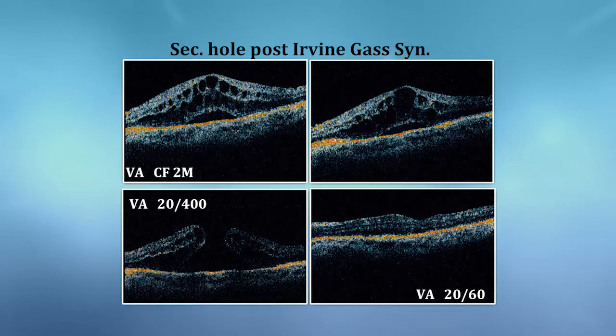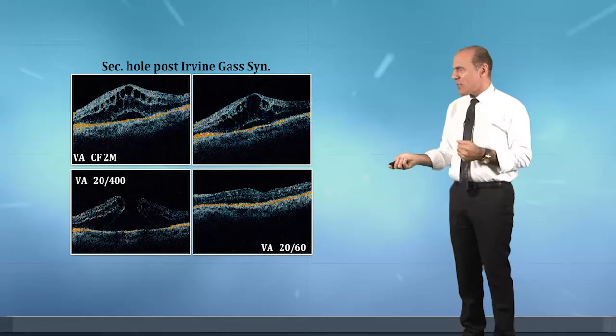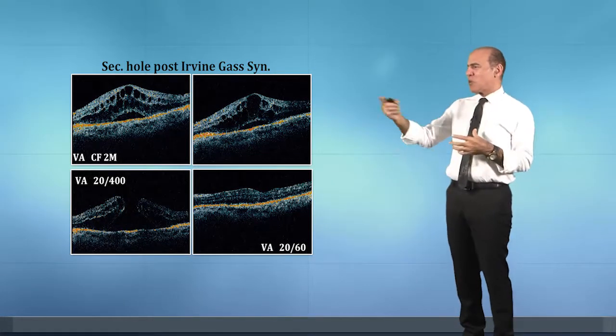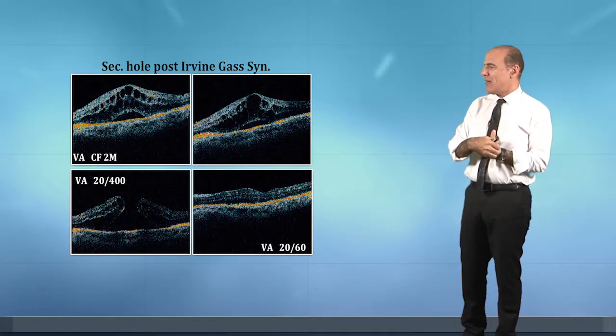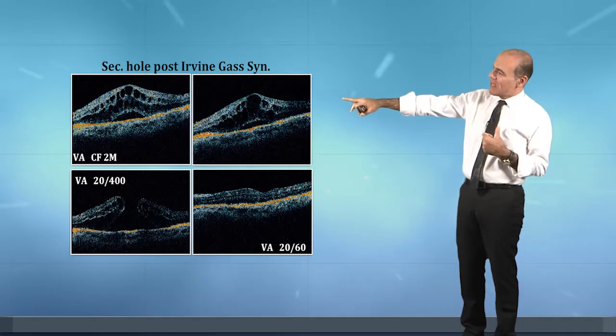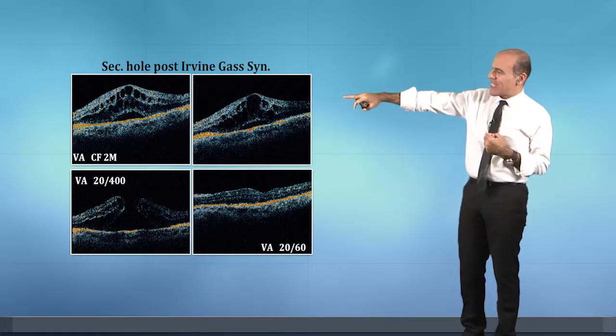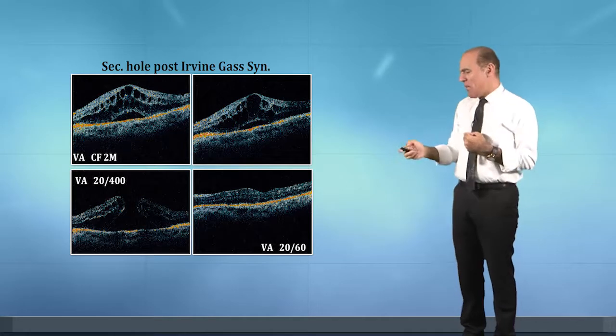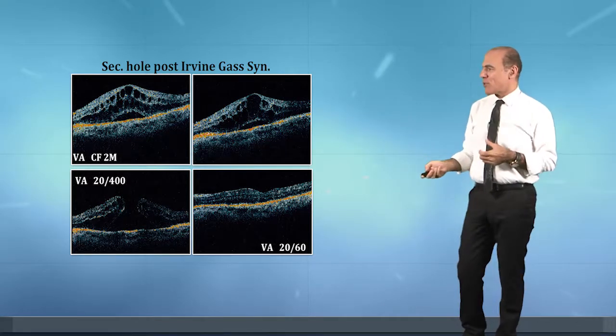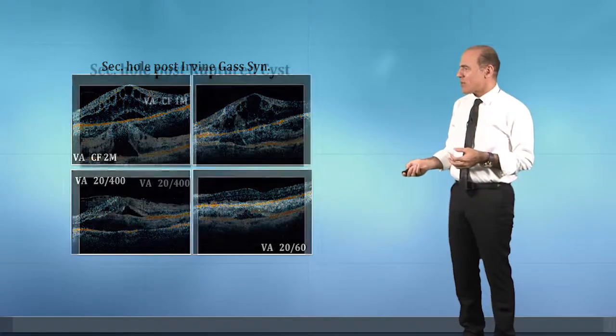So proper treatment of that hole with peeling of the posterior hyaloid as well as the ILM can settle the retina like this with the vision up to 20/60 after surgery. So also here, I should not wait long for macular hole formation. If I interfere earlier in the cyst formation, it may carry a better prognosis. So this is macular hole post-Irvine-Gass syndrome.